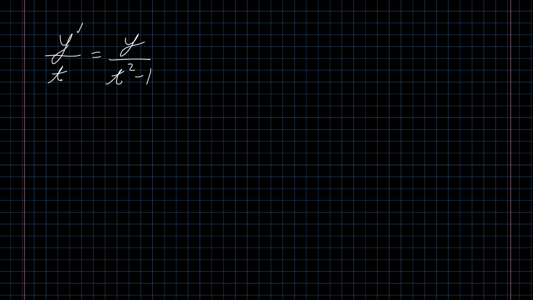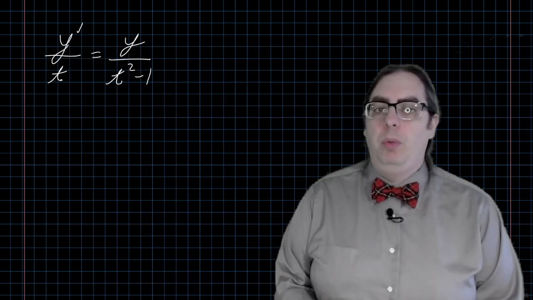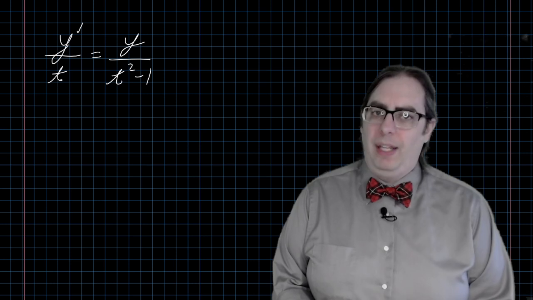Hopefully a little bit more approachable than the last one, but definitely going to be crunchy. Take a couple of minutes, see what you can do playing around with that one, and I'll see you in the next video.